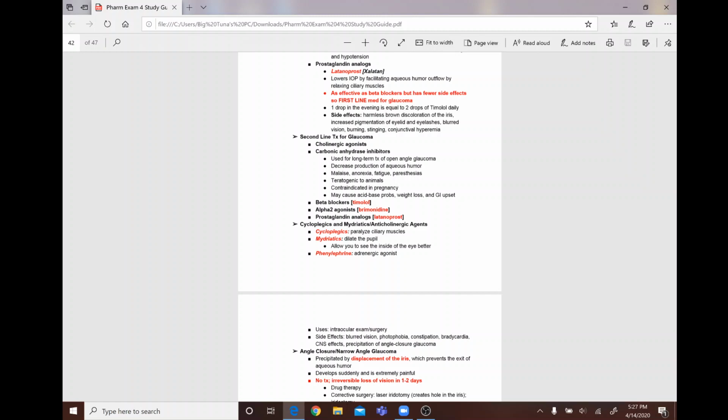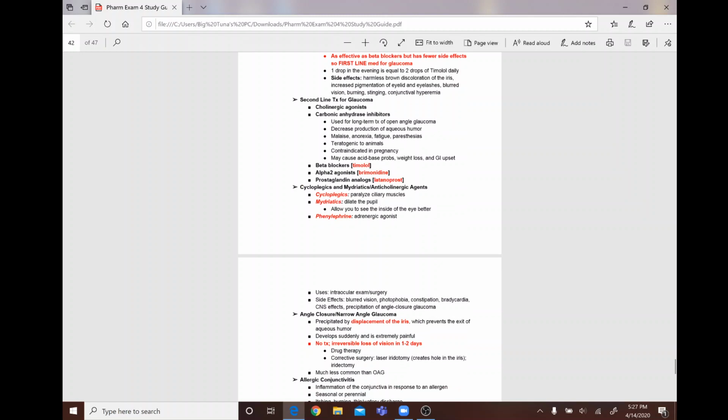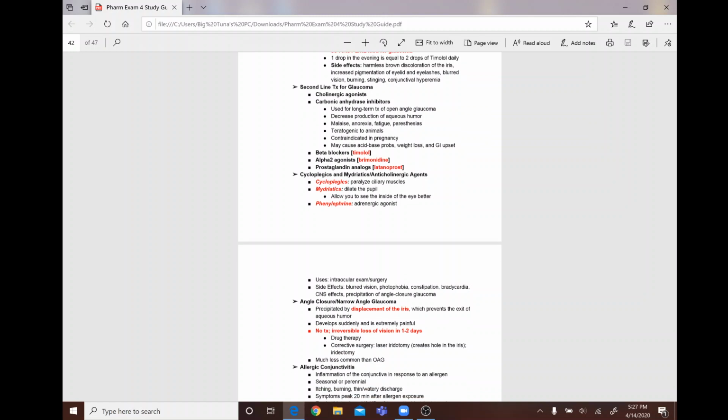All right, what do cycloplegics do? Paralyze ciliary muscles. What do mydriatics do? Dilate the pupil. Allow you to see inside the eye better. Phenylephrine is an adrenergic agonist. What is that used for?